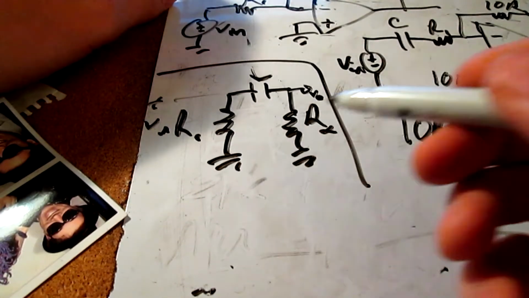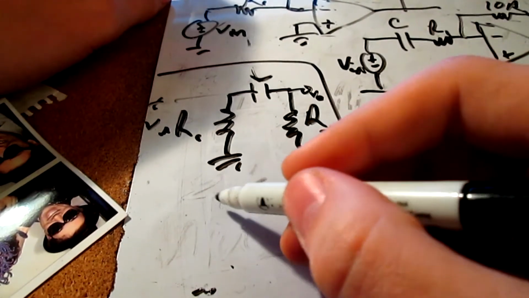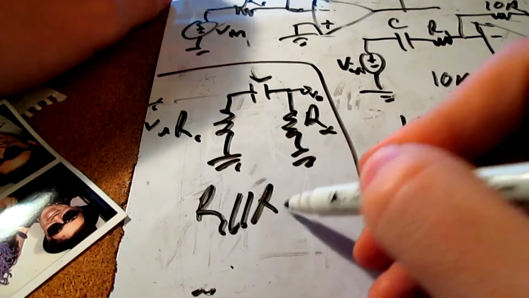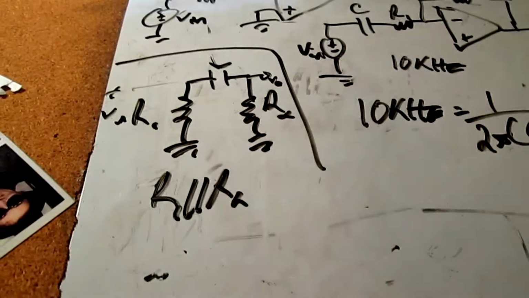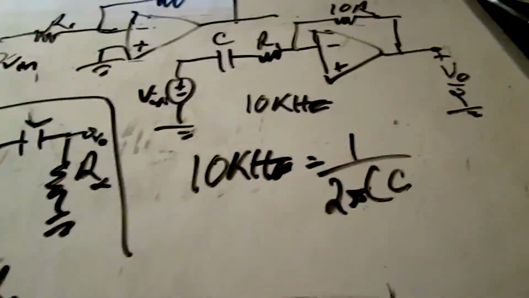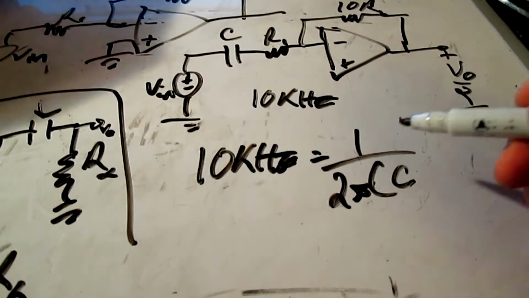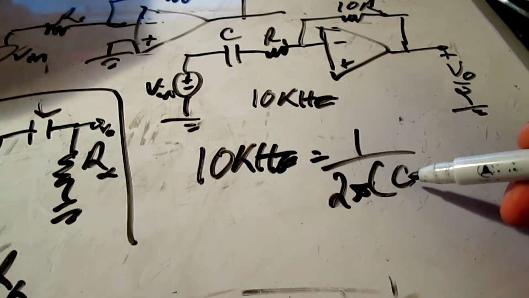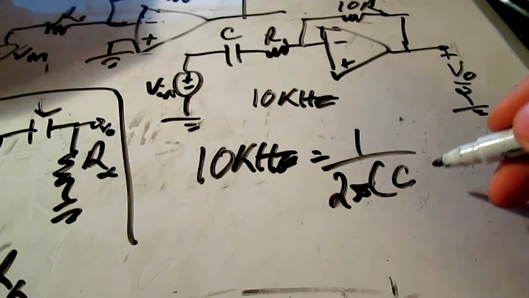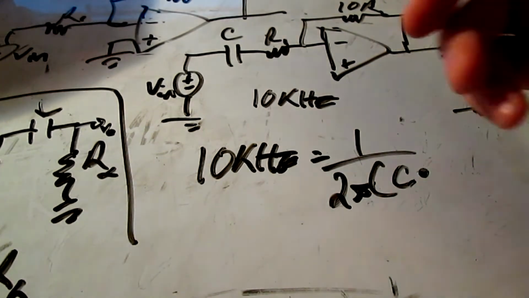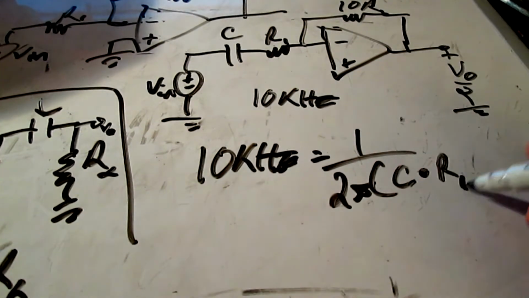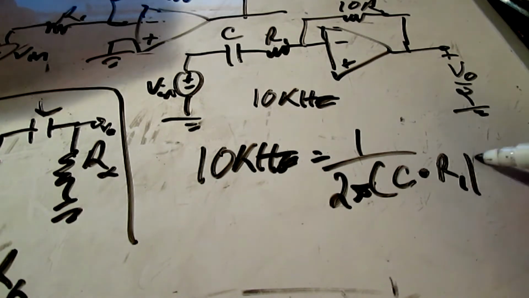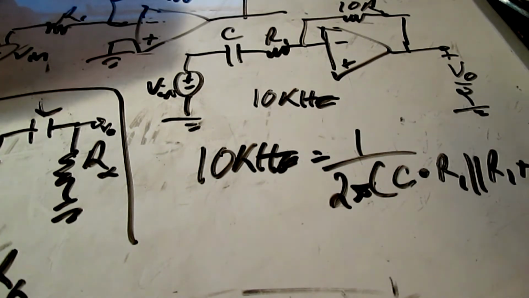So tau is whatever the capacitor sees, so it's R1 in parallel with R2. So if we go back to our circuit, we have 1 over 2 pi times C times whatever the capacitor sees. So the capacitor sees R1 in parallel with R1 plus 10R1.